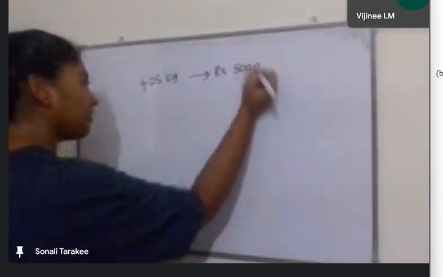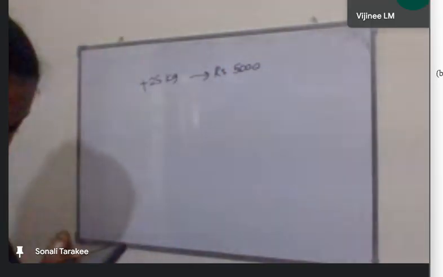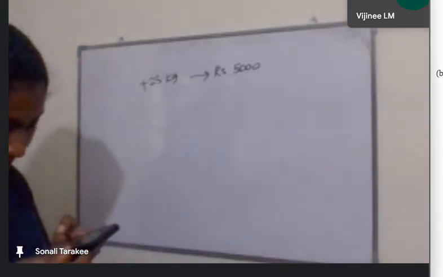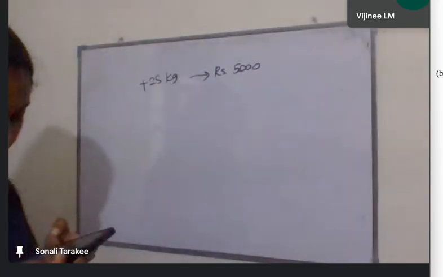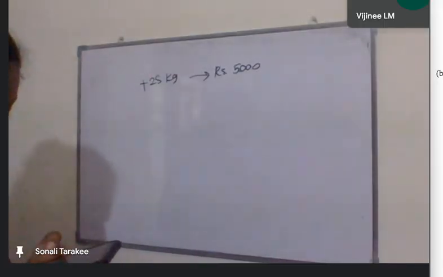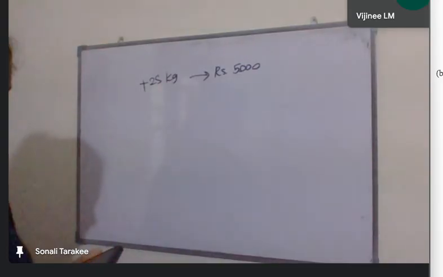Extra 5,000 charge. All fractions of a kilogram being rounded up to the next whole number. What does that mean? All fractions of a kilogram being rounded up to the next whole number.